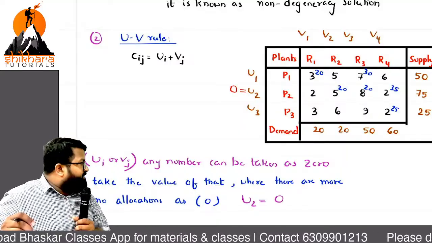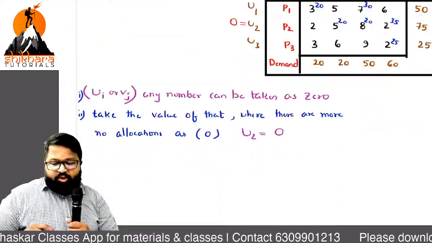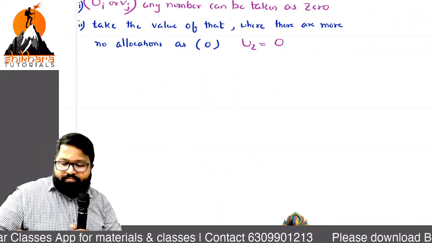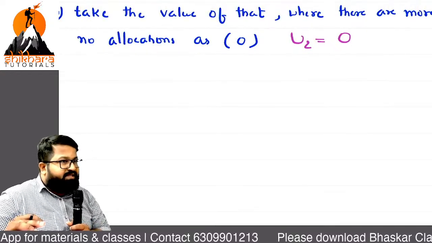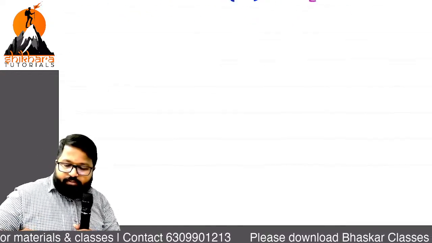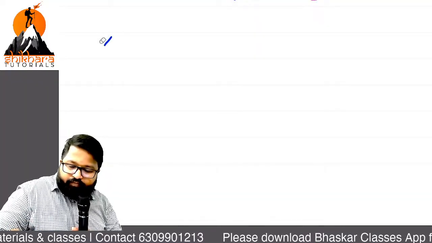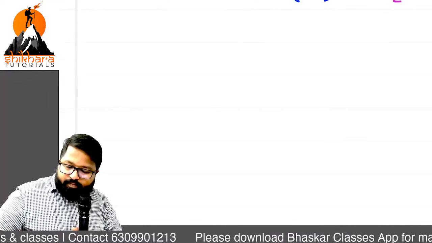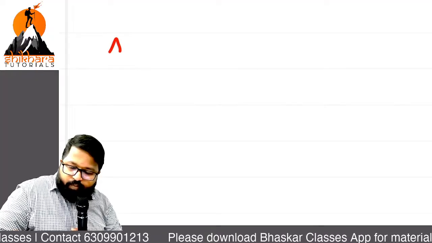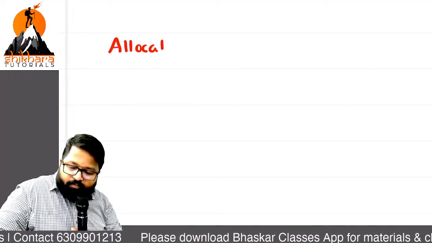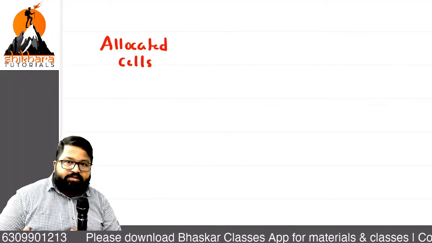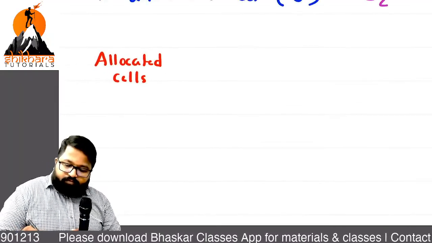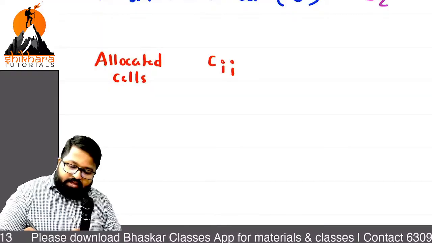If that part is done, as usual, what is the basic step? Cij is for which part? Allocated cells, we have to calculate now. So write that part. Allocated cells.